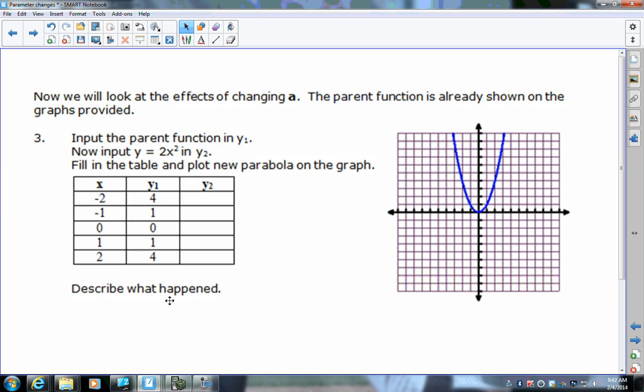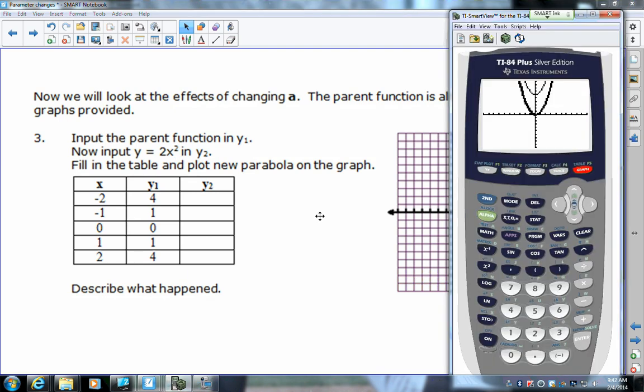Okay, so we need to go to y equals. And this time, they're asking us to use the equation y equals 2x squared. So I'm going to press 2x squared. What is that 2 doing to the x squared? Is it adding, subtracting, multiplying, or dividing? When they're right next to each other, they're multiplying, right?